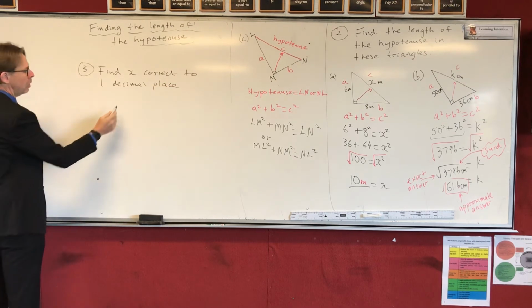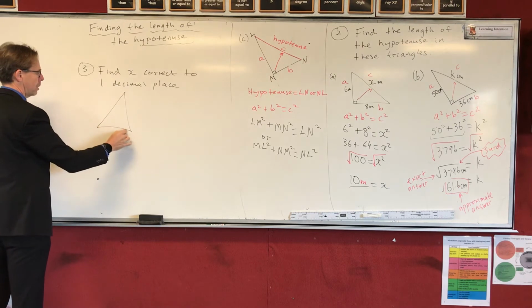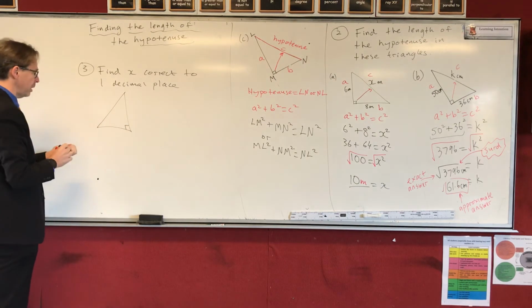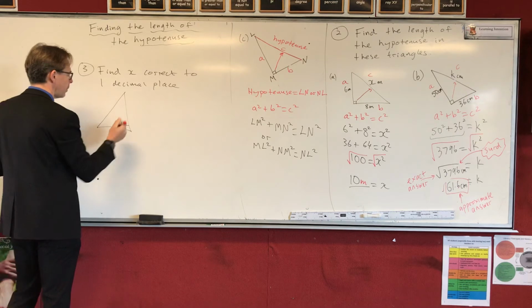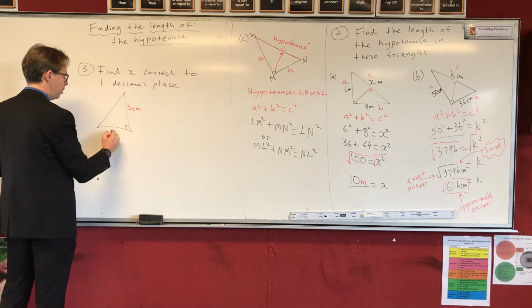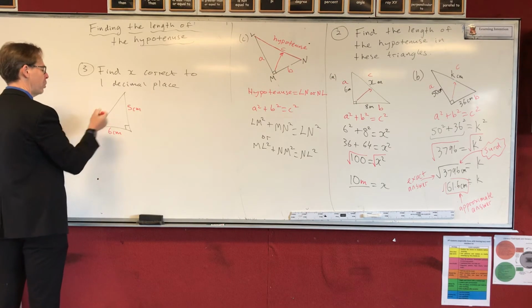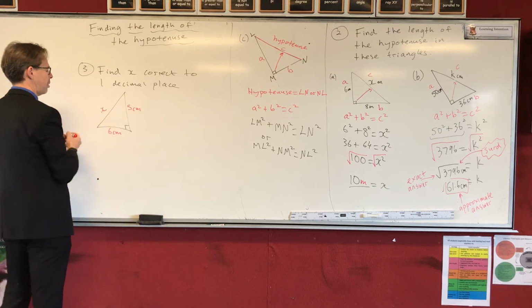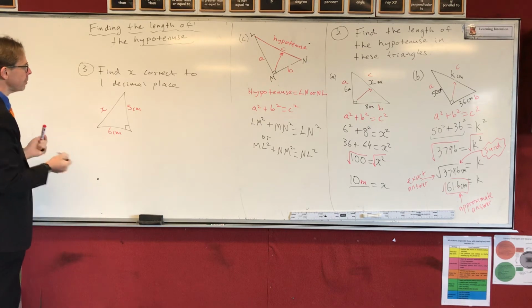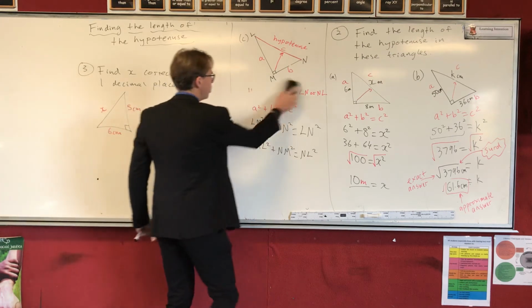Okay, so we'll do this triangle here, and we'll make this 5 centimetres, 6 centimetres, and we'll call this x. Okay, that's the first one. So have a go at that question, and then I'll do one up here.